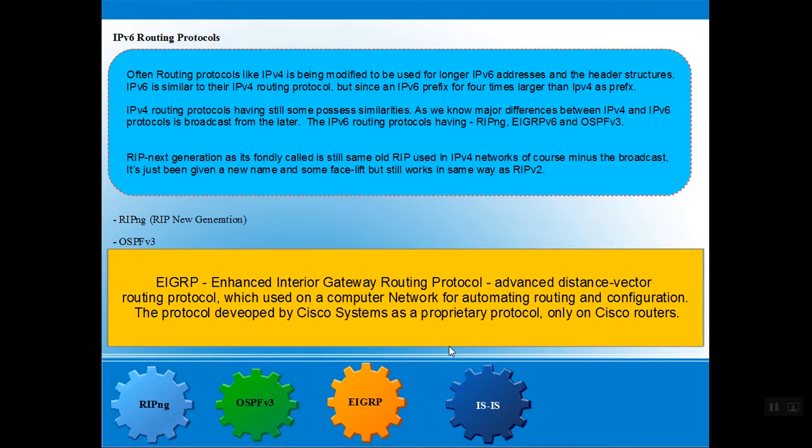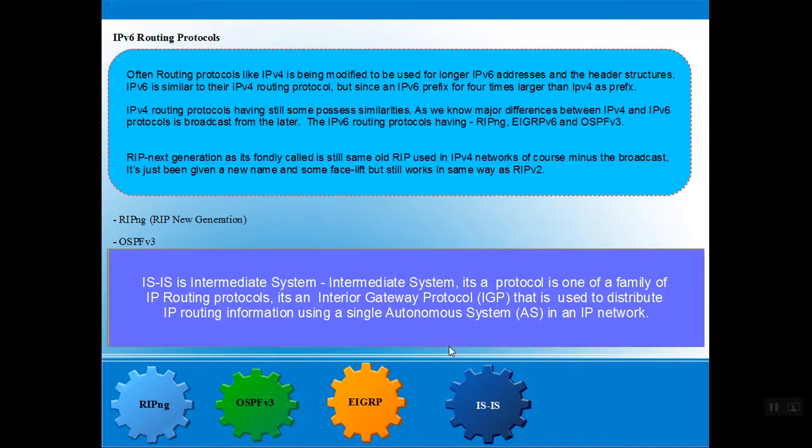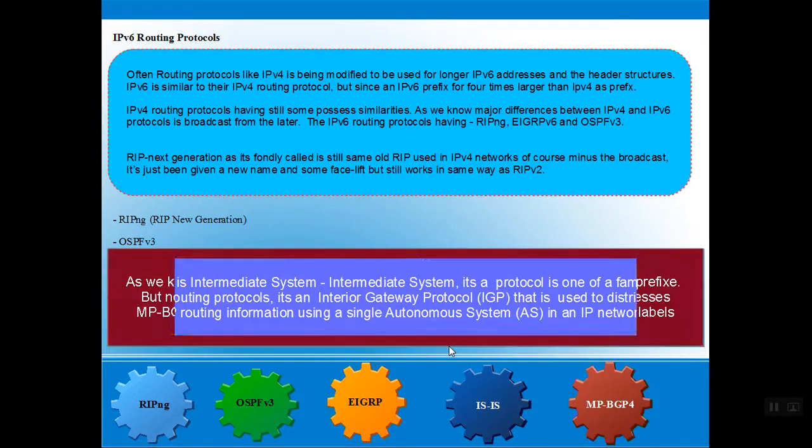Next we have IS-IS, or intermediate system to intermediate system, which is a routing protocol used to exchange routing information within an autonomous system, or AS, in our IP network. Then we have MP-BGP4.